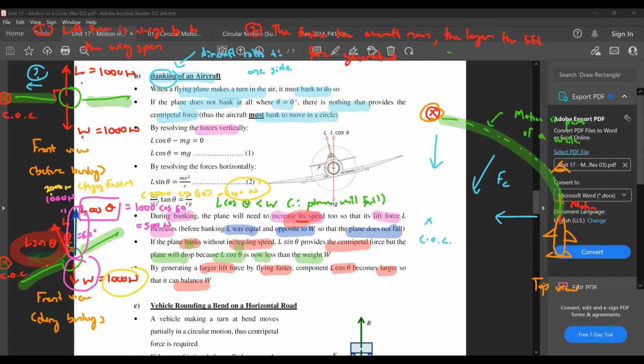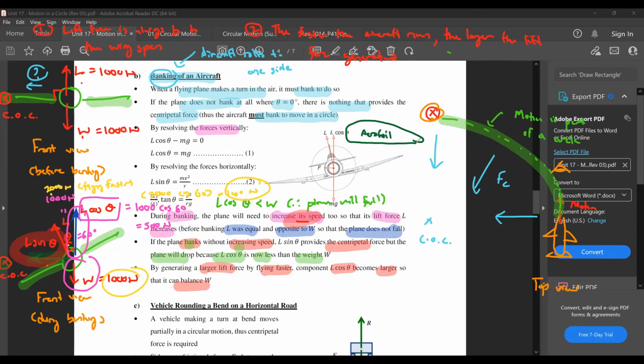Additional question: how does an increase in speed generate an increase in lift force? This is something that you learn in SPM or IGCSE, I believe. An aircraft wing generally looks like this. This is what we call an aerofoil shape.